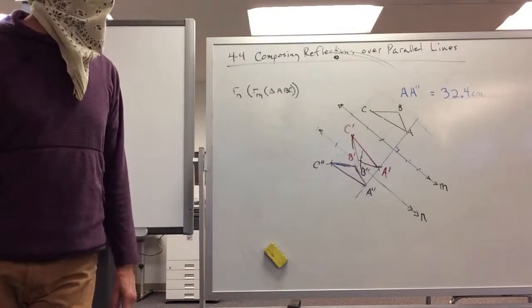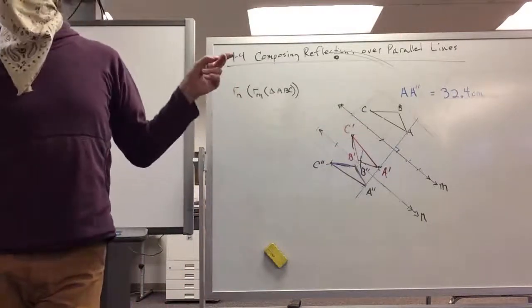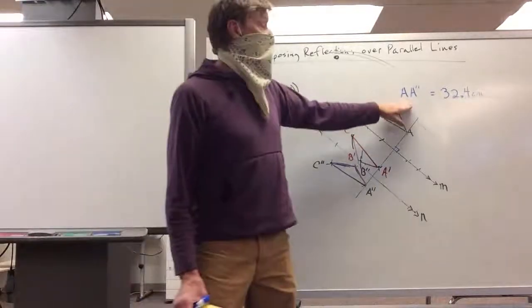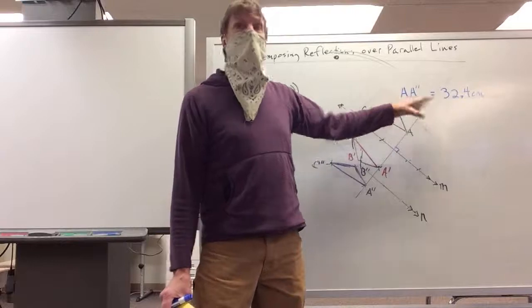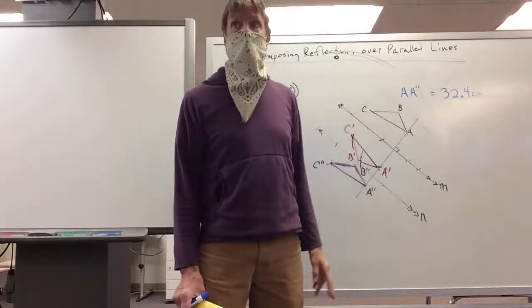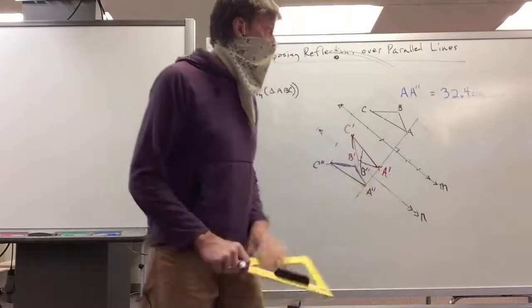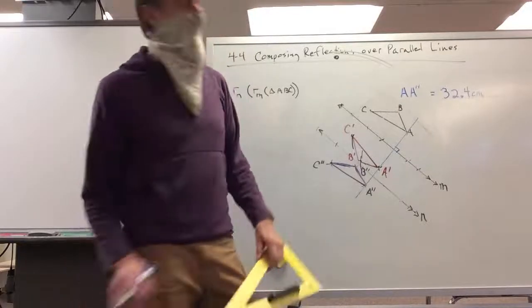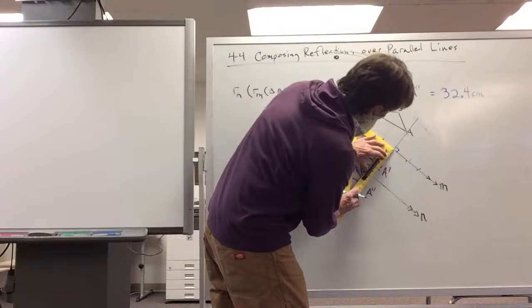Okay. So you have your distance written down, like this. The distance between A and A double prime, or whichever two you measure. Now find the distance between your two parallel lines. So find out how far apart they are.